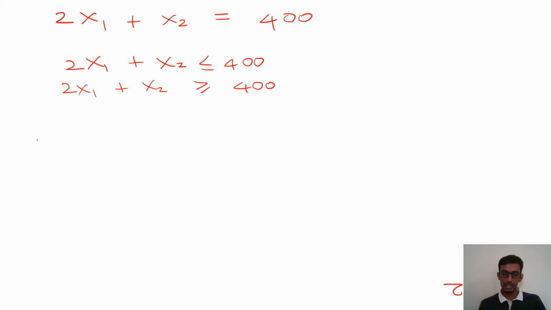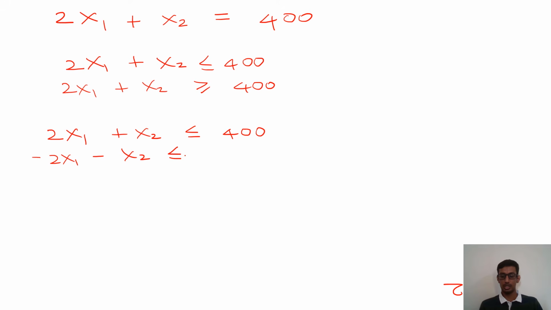Right? The next step is to convert these two into a less than or equal to constraint. That is what you intend to do. How will you do that is to have 2x1 plus x2 less than or equal to 400 as is, and the second constraint will become minus 2x1 minus x2 less than or equal to minus 400.